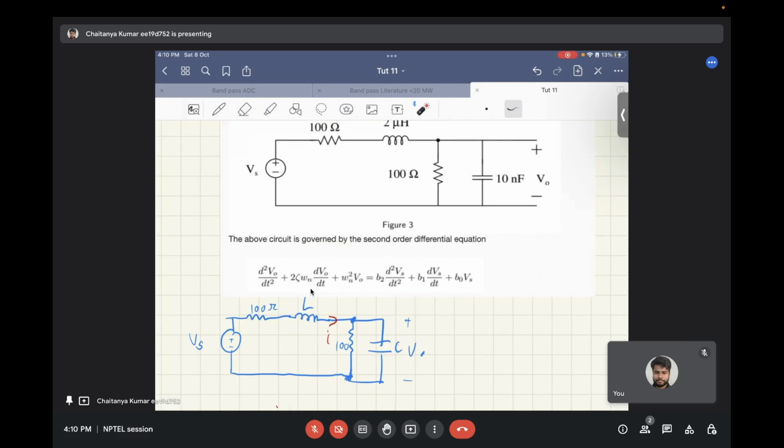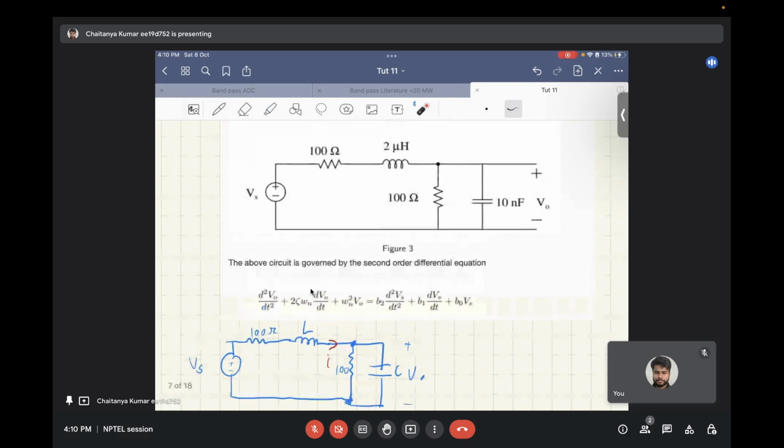In this circuit, this question is slightly different from the previous one. The previous question was a completely parallel RLC network. In this, it's neither a series RLC nor a parallel RLC. It's a little complicated network.